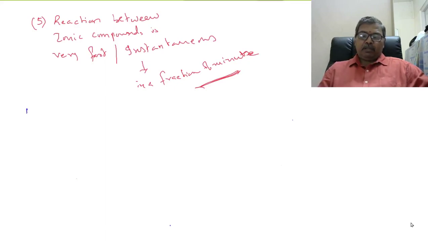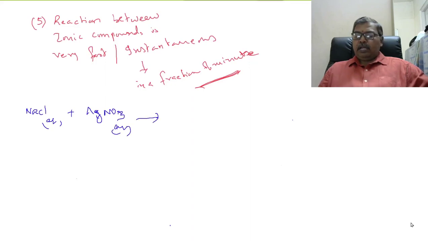Now see, for example, if an aqueous solution of NaCl is added to an aqueous solution of AgNO3, then AgCl is precipitated and NaNO3 is in the solution.